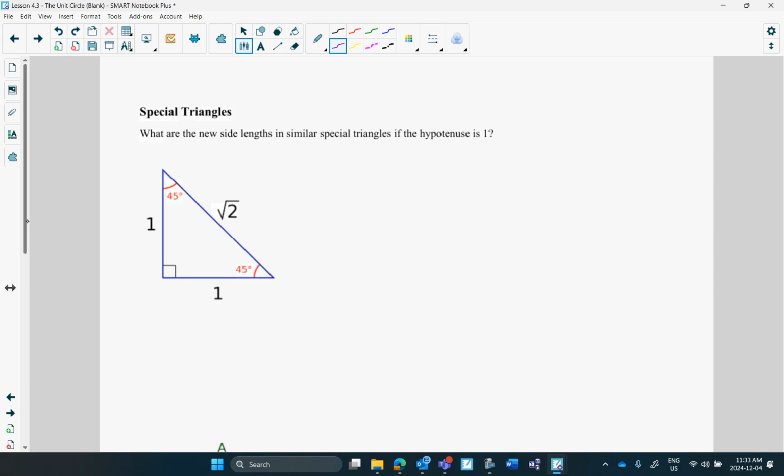You can probably look around this room and find me an example of each type of angle. Can you find me an angle somewhere in this room that looks like it's 45 degrees? What about these ones? These triangles, what do they look like? Actually, they look like they're 60 degrees because it's an equilateral triangle, which means all the angles are the same.